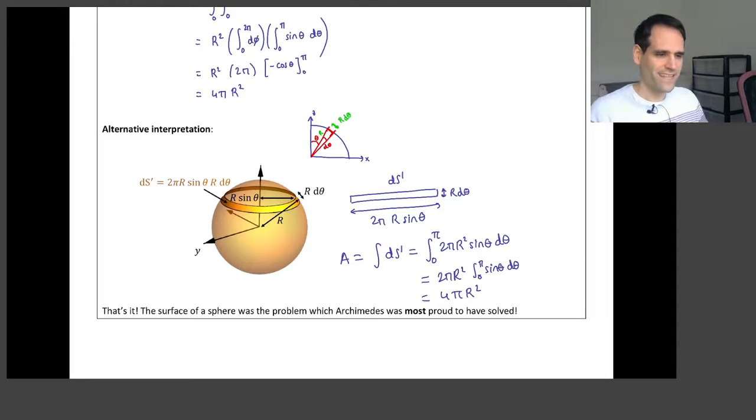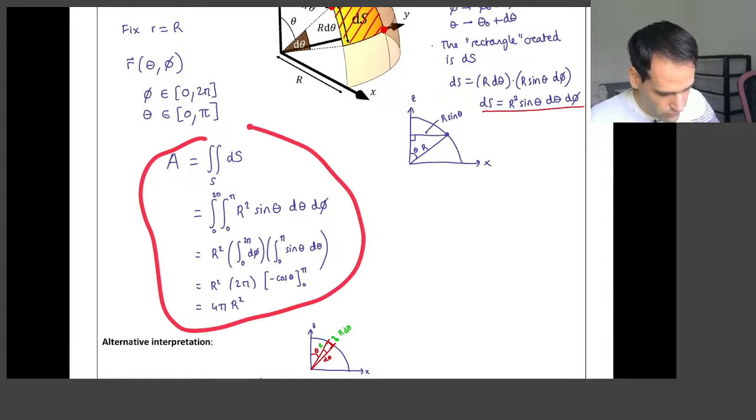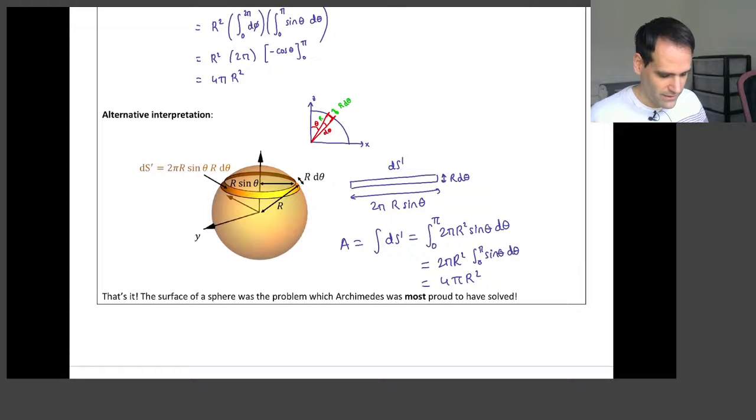And by the way, you see how easily it was. It was 5 lines, and because we did the steps very slowly, in 5 lines we have calculated the surface area of a sphere. This was the problem Archimedes was most proud to have solved.